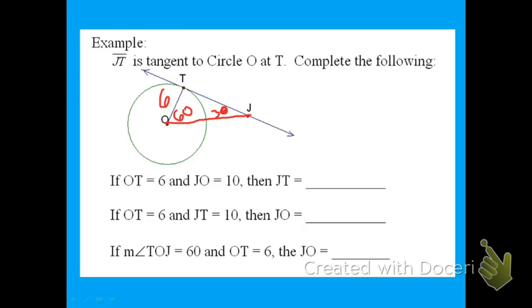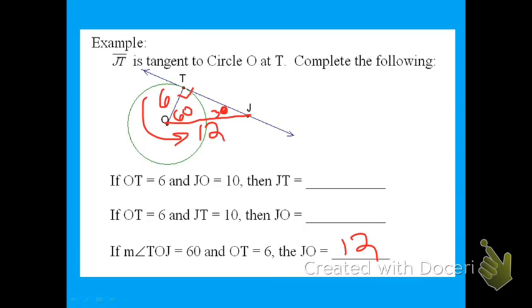Alright, that angle is supposed to be 30, not 36. Because we know this angle is 90, the given angle was 60, so the remaining angle has to be 30 in order for those three angles to add up to 180. So, if you know OT is 6, JO is just the hypotenuse, so you're just going to double it, and you get that the hypotenuse JO is 12.